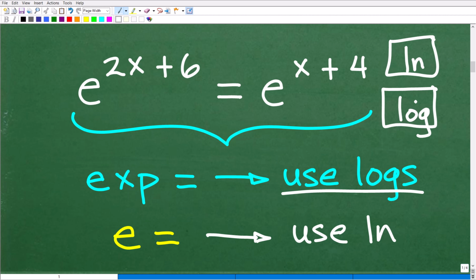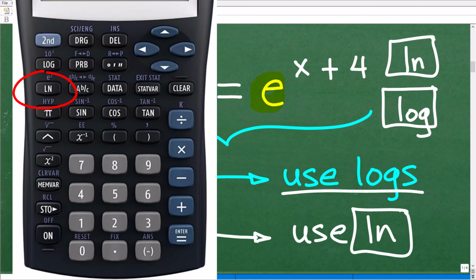When you need a specific decimal value, you'll use this button or this button. When the exponential equation has the natural base e involved, like we do here, we're going to use ln. You'll see that on our calculator.